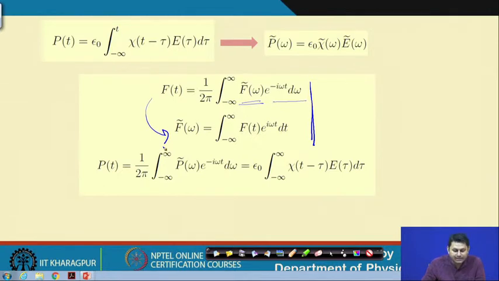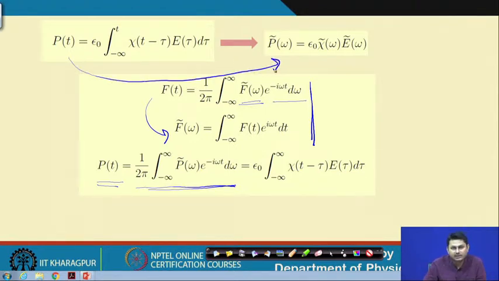Now, I am going to apply this to our function P. My function P is here, and I can write P(t) in terms of its Fourier component, because at the end of the day I need to go from here to here. So, P(t) is a function in time domain, which is the polarization. Now, I write the Fourier component exactly the same way; the example is already given in the upper two lines. Then I write P(t) in terms of electric field and chi.